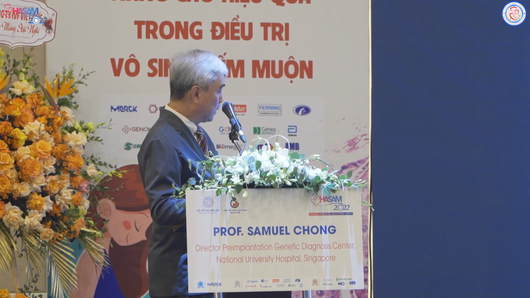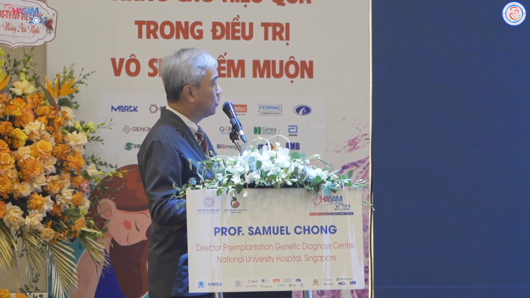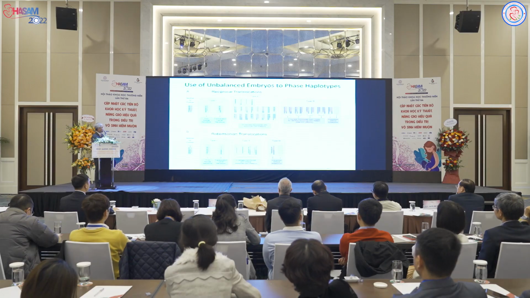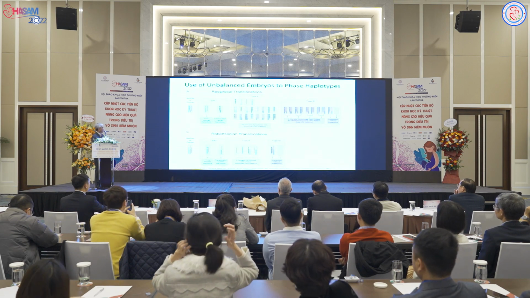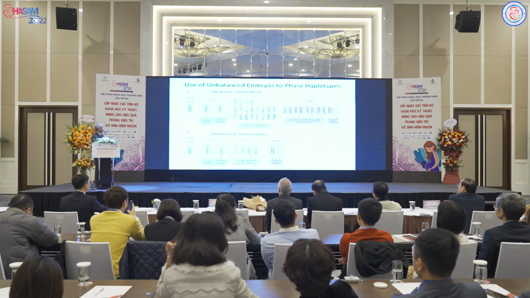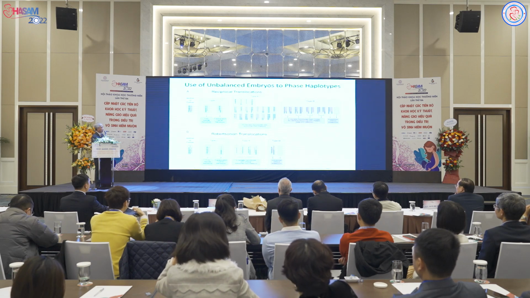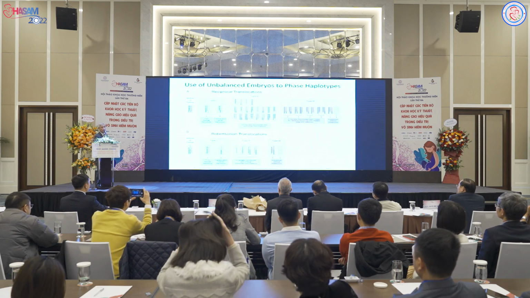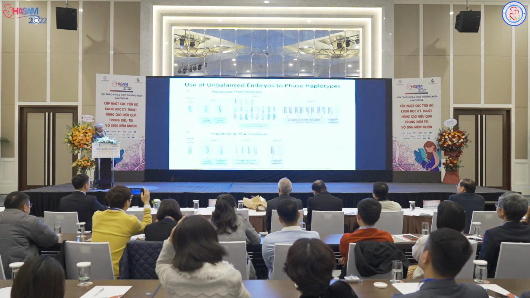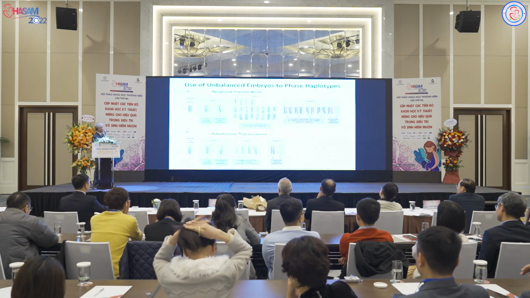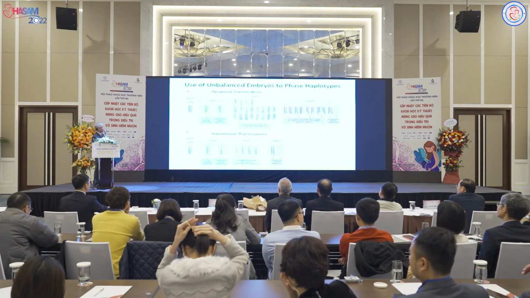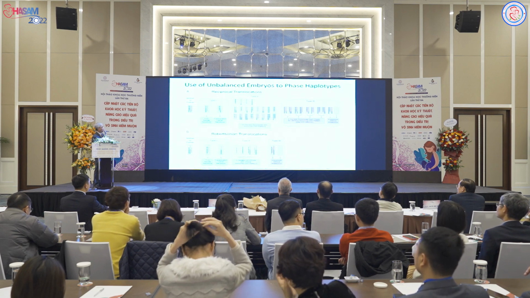Now this is quite complicated, so I don't want to go into detail, but I just want to say that that same group have identified that among all the possible segregation types from meiosis in a translocation carrier, of course the two types that will lead to a normal or a balanced embryo, they've called type 1.